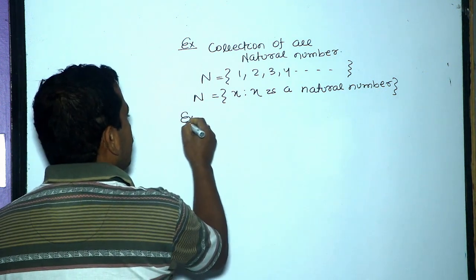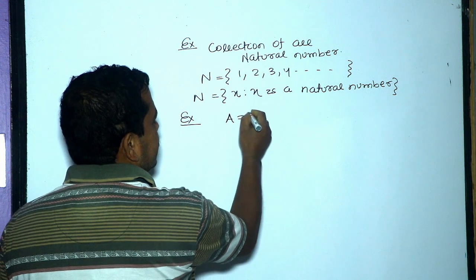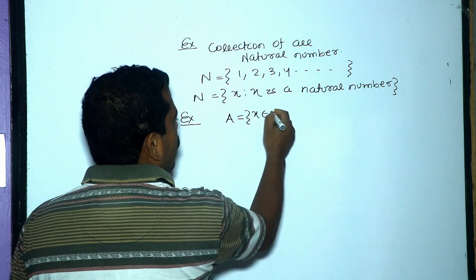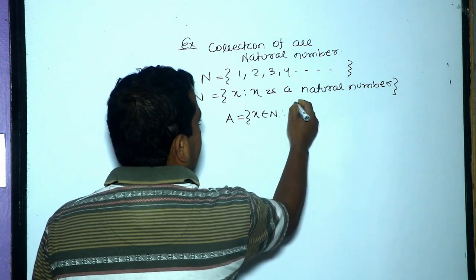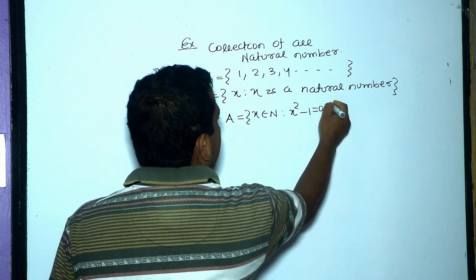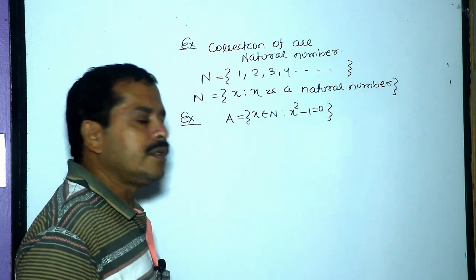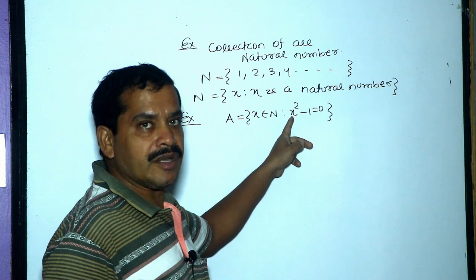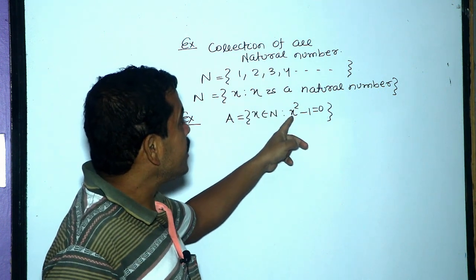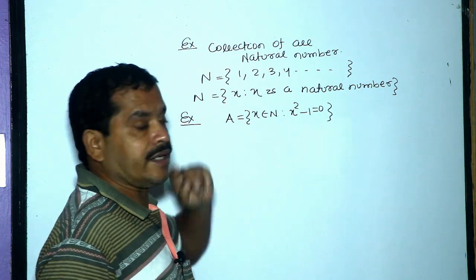For example, suppose a set is x belongs to N such that x square minus 1 equals 0. This is the specification form or set builder form of the set.